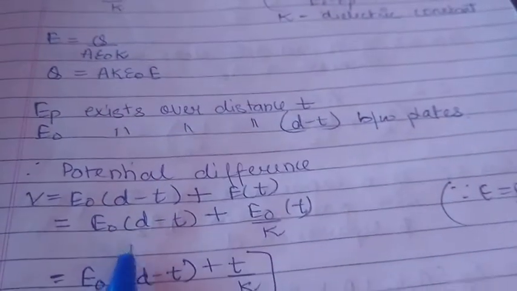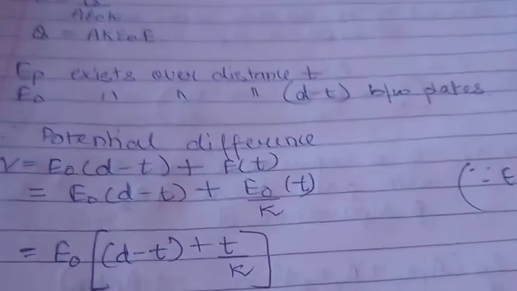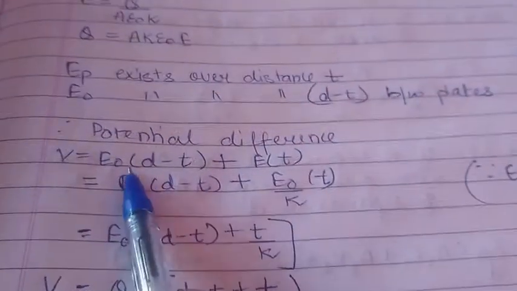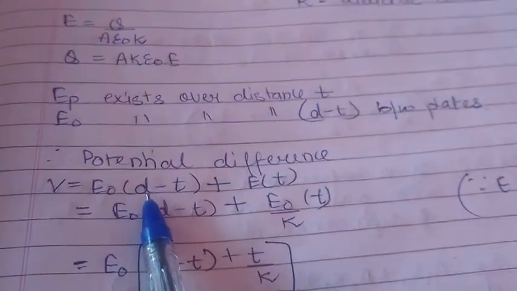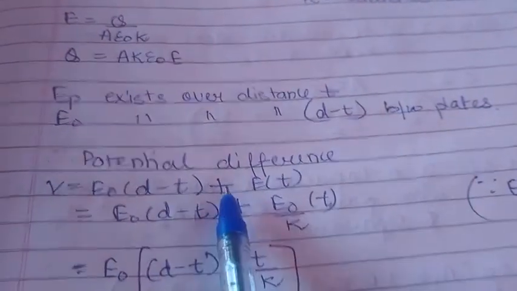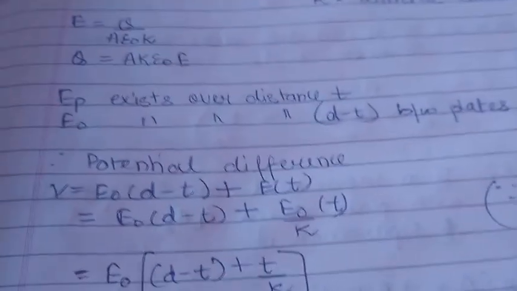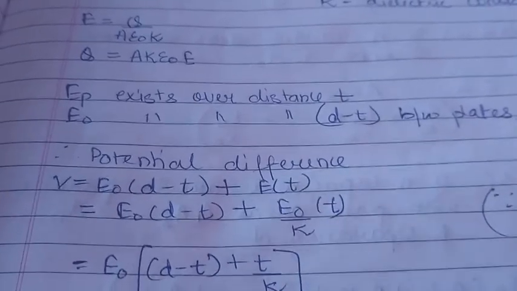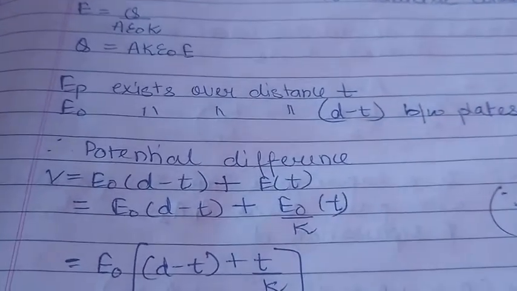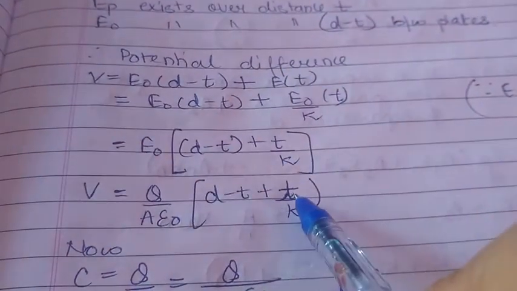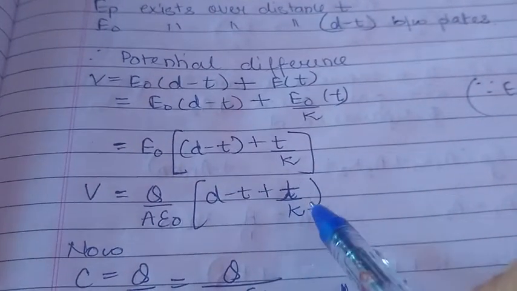So you can write the potential difference. Potential difference is the distance into the electric field intensity. So you can write E naught multiplied by D minus t, plus E multiplied by t. Simplifying further, you get the formula for potential difference: Q by A epsilon naught times D minus t plus t by K.